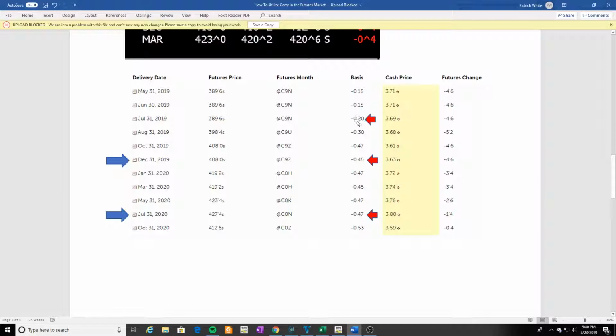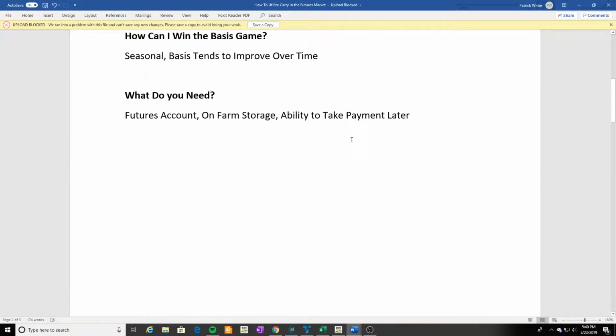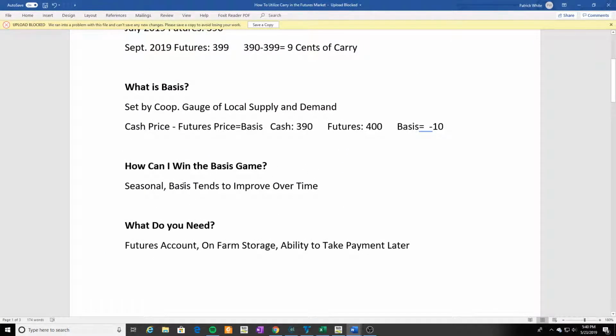July is at 20 cents under. August is at 30. So obviously, as you get closer into these delivery time frames, your basis is going to start to tick up, and it's going to start to meet or get closer to the futures contract, if that makes sense. So like I said, it's seasonal. It tends to improve over time.